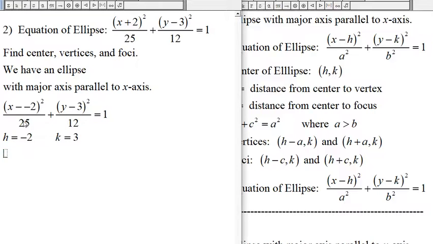And once again, of the 25 and the 12, one of them is a squared, one of them is b squared. And a squared is the larger of the two. So a squared will be 25, and then b squared is the smaller of the two, the 12.